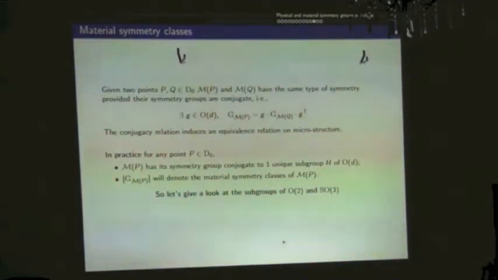Okay, and the other information is, for example, if I work in 2 dimensions, I know that the symmetry classes that will be allowed are necessarily conjugate to one subgroup of O2. And the same if I work in 3 dimensions. All the allowed classes of symmetry are indexed by the subgroups of the general group of transformation.